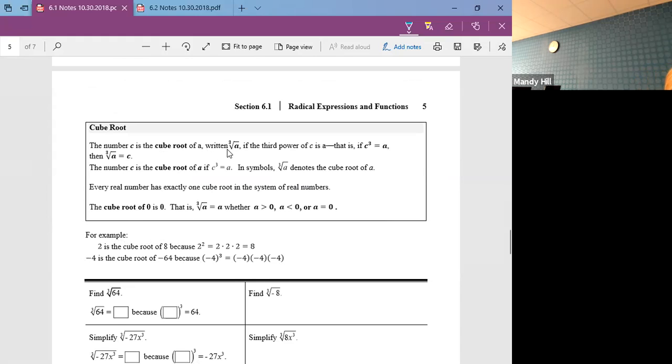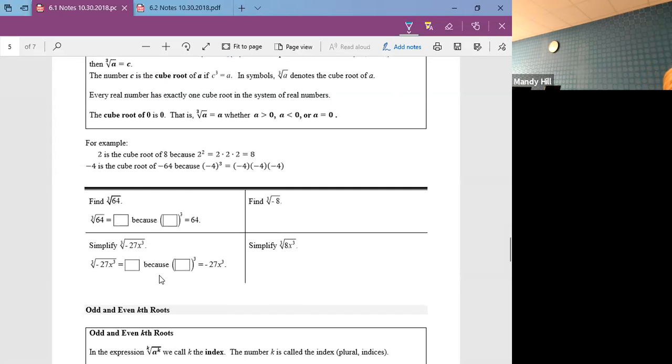Now, when we have square roots, there was no number up here, but we know it's a 2. If there's nothing written there, you're looking for 2 things that are the same number that multiply to give you 4. When it's a cube root, they replace that with a 3, and you're looking for 3 things that are the same that multiply to give you that number.